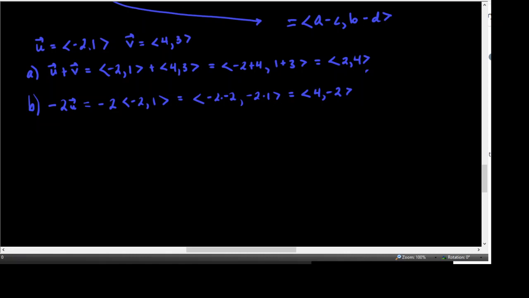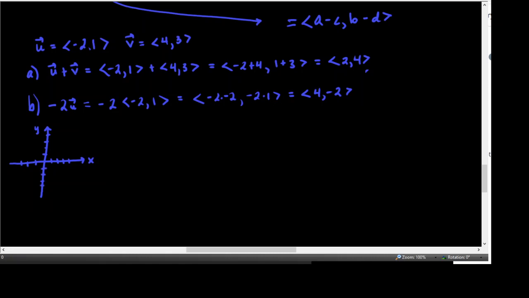All right, before we get away from those two examples, I'd like to draw pictures of what those look like, so that we always have an idea of what we're getting physically with the addition or subtraction or scalar multiple of vectors.